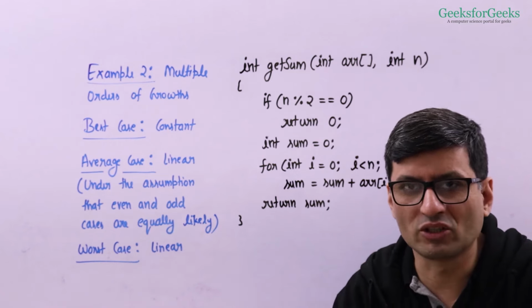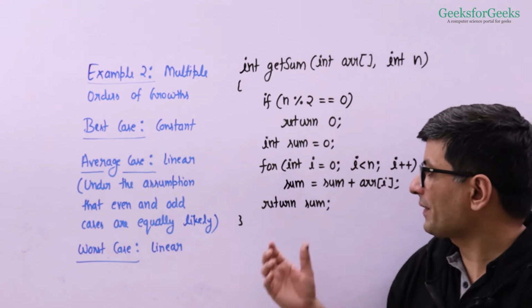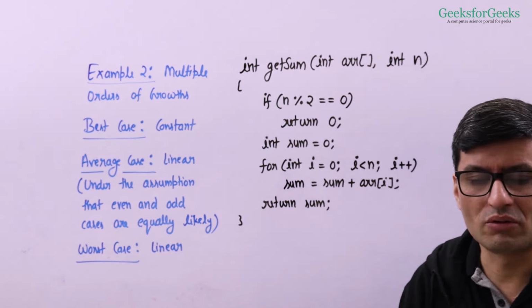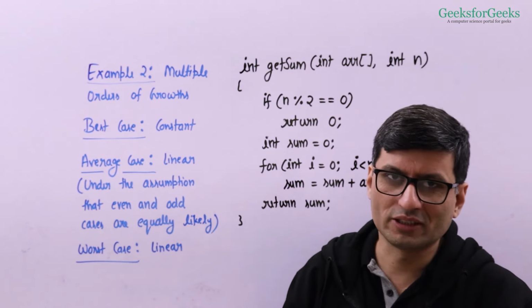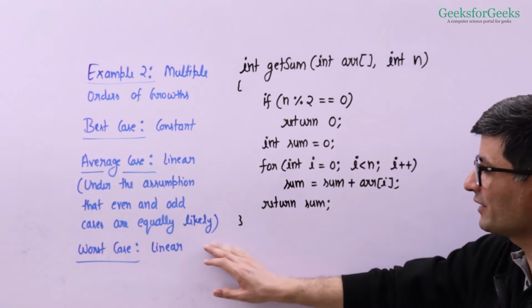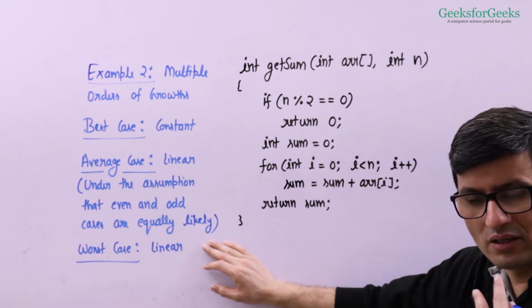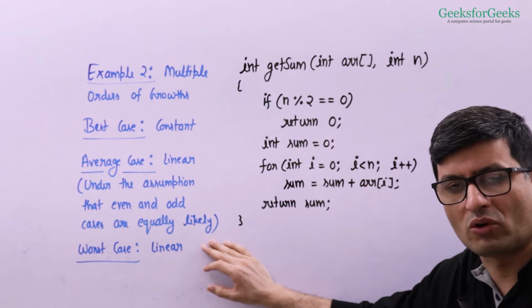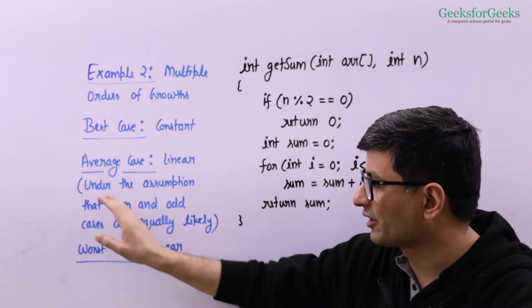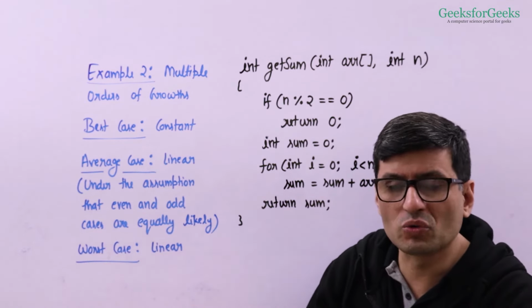It's just like doing the normal average. Many times we don't know what 1000 inputs users are going to provide, so we make some assumptions. The assumption I have made here is that the user is going to provide even input half of the time and odd input half of the time. I have written that under the assumption that even and odd are equally likely.